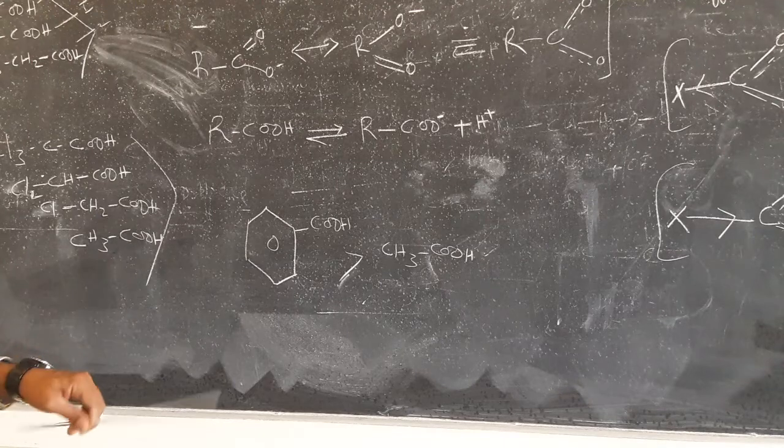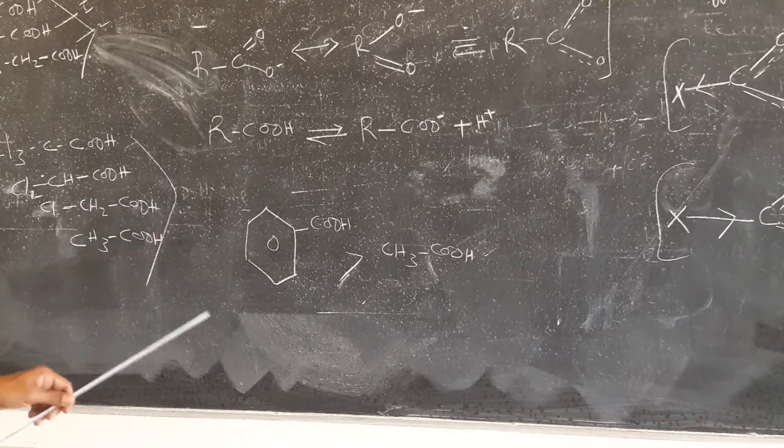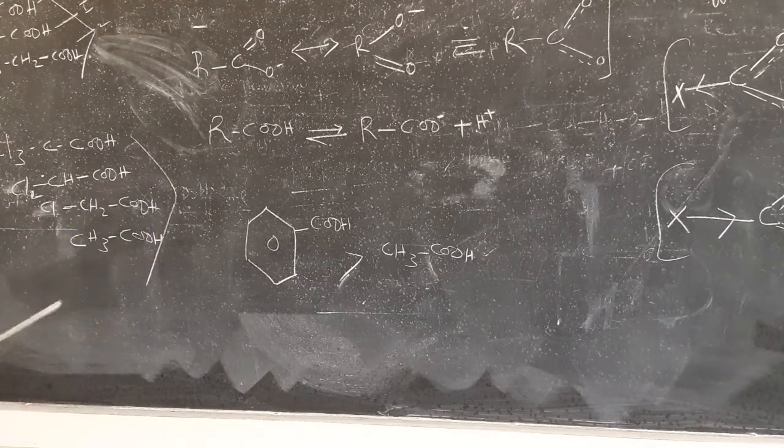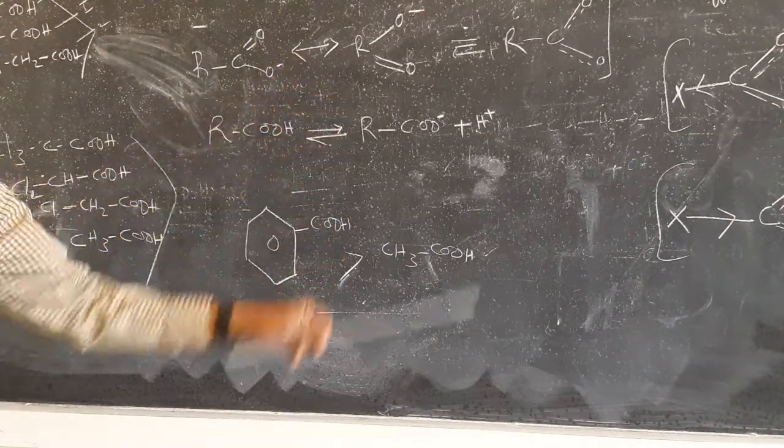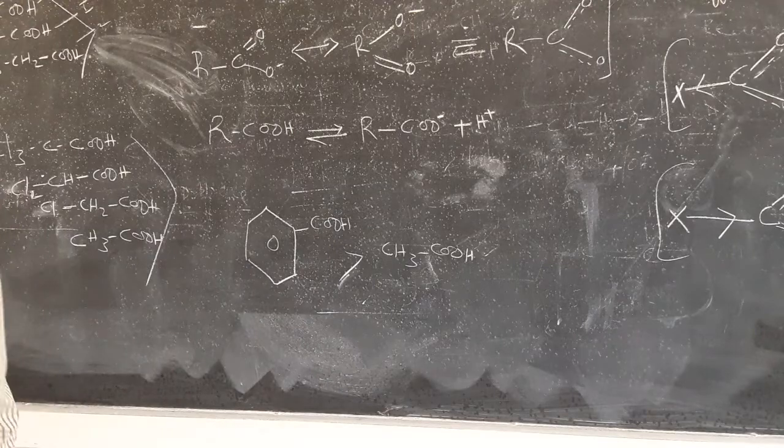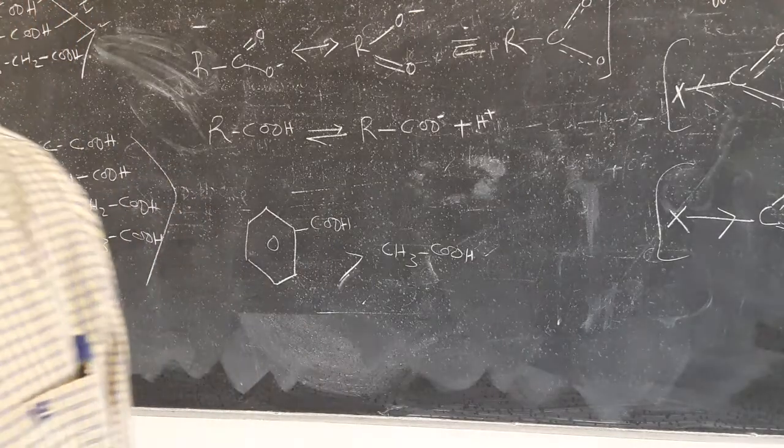So I think it is clear now how you can compare the acidity of aliphatic acids and aromatic acids. Many more examples will follow, but today I am stopping here due to some program.